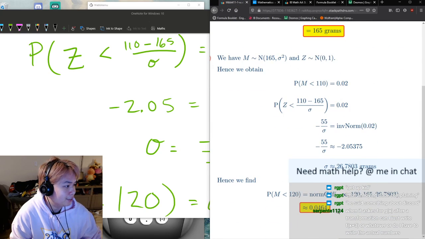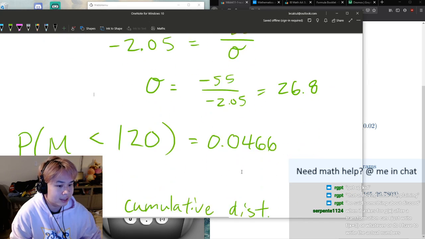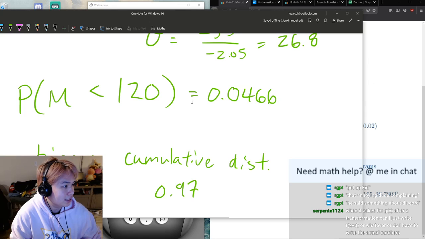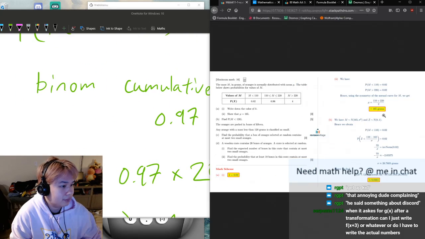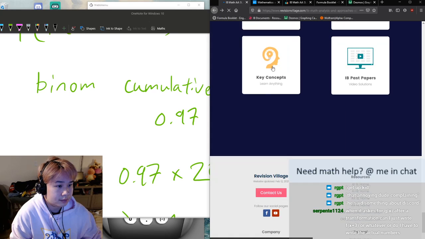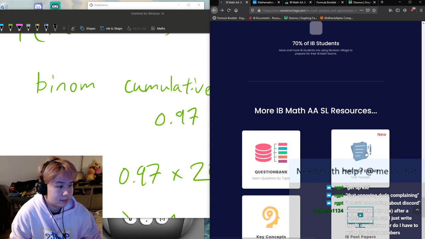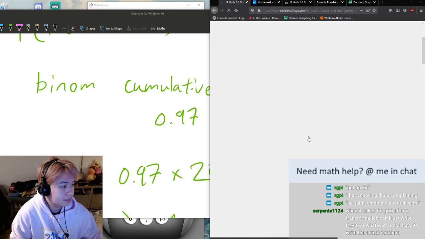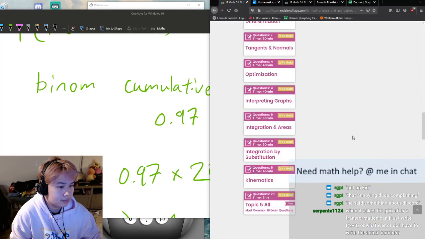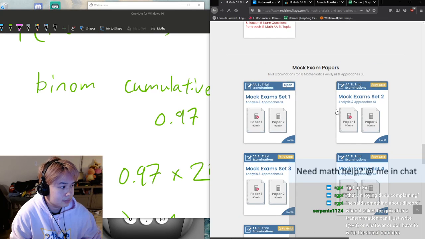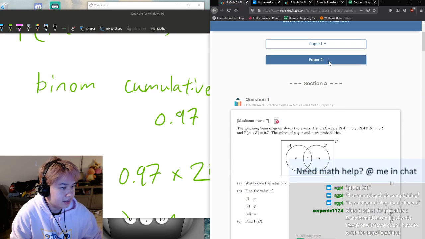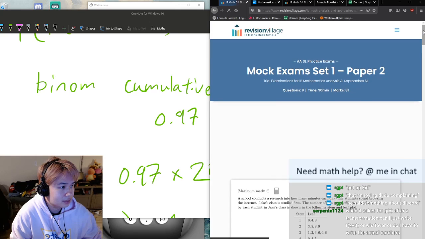Because my chat overlay is there, but this is the answer, which is 0.064, or 46, which is what I have right here, so that's good. And then now I need to go back to the question.